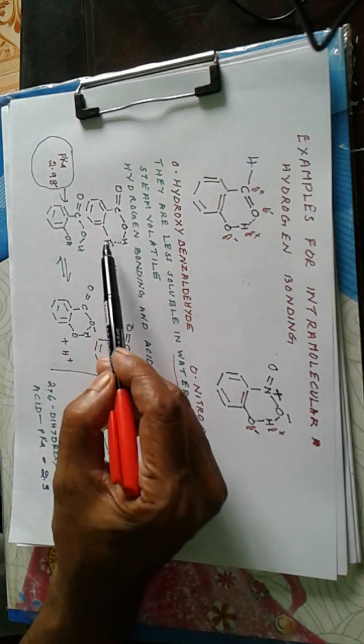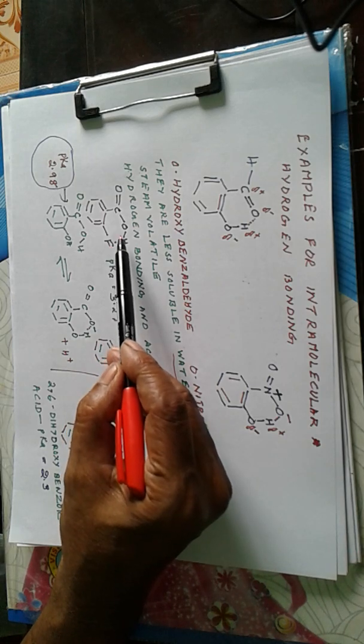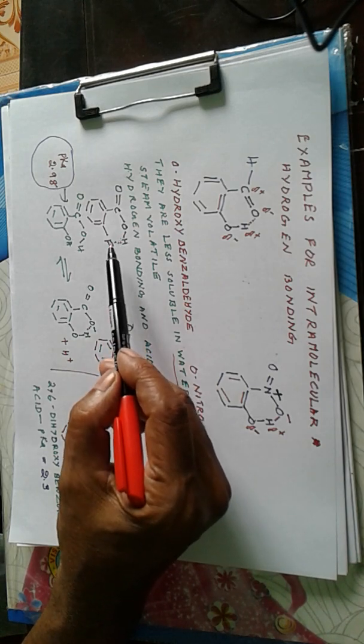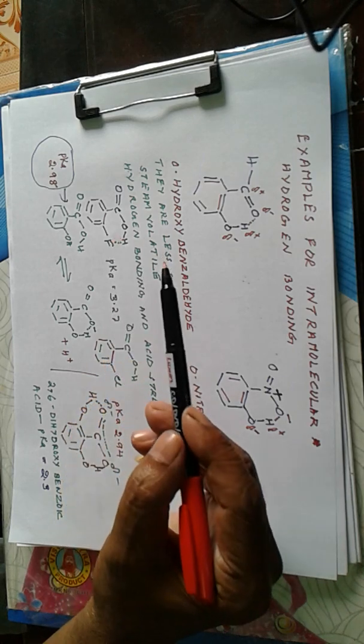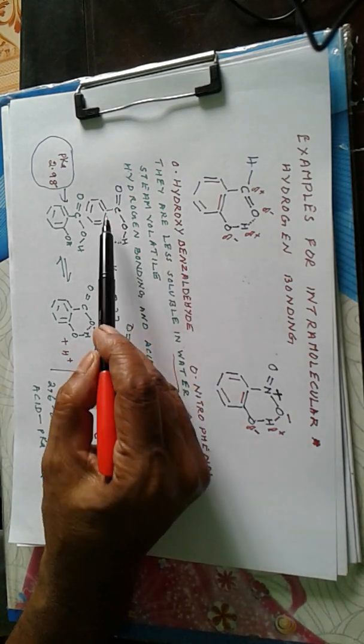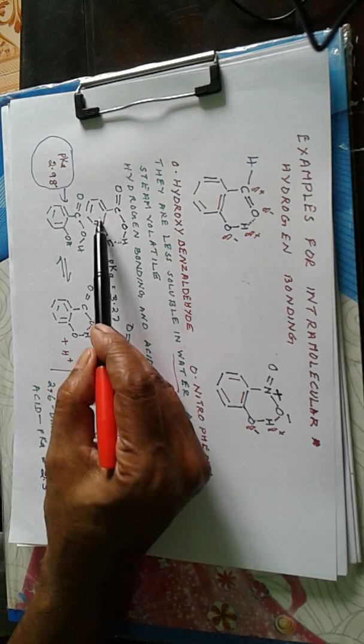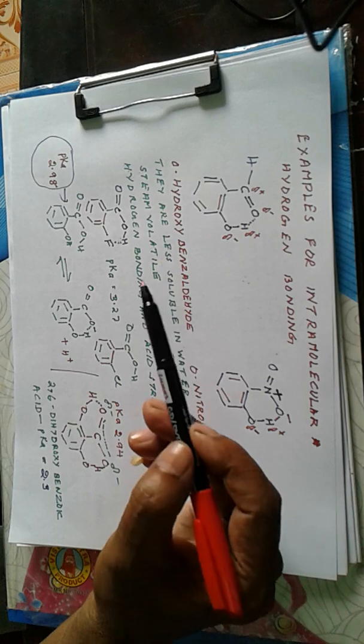So it is orthofluorobenzoic acid, and fluorine can form hydrogen bond with the OH group. So there is no steric effect because fluorine is a small atom. So this COOH group can be in the same plane as the plane of the benzene ring.